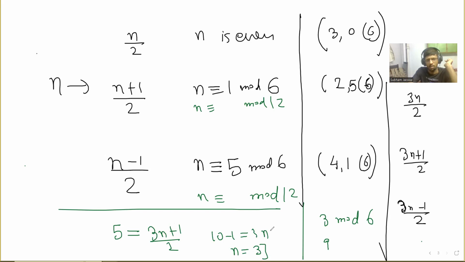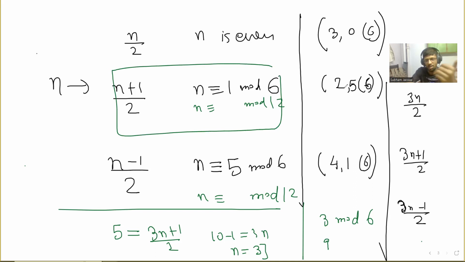Right? So if this has to take care, you see from here we learn something. I said that this takes care of 5 modulo 6, but actually it does not. For it to take care of 5 modulo 6, you also need numbers like 3, which are not 1 modulo 6.